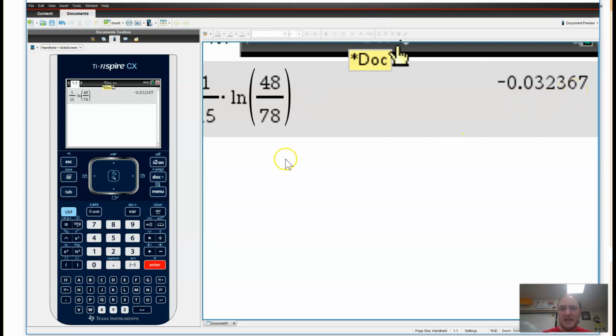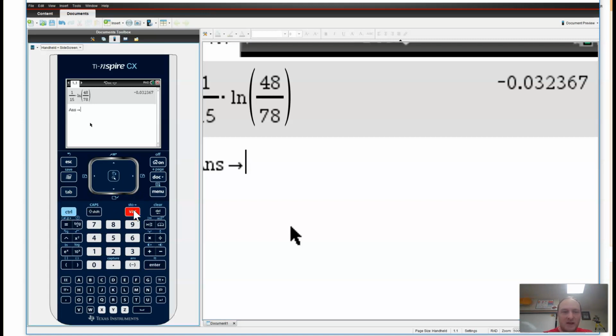So I want to teach you guys something. We're going to have to work with this k value again. So a cool trick that you can do is you should see right here this STO. This is store, and it has an arrow. So I'm going to hit Control VAR. So this is storing. It says answer to, and here you're going to input a value. So our variable is called k. I'm just going to go ahead and enter k.